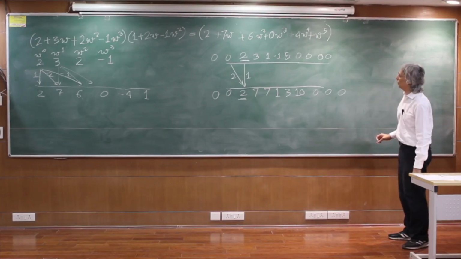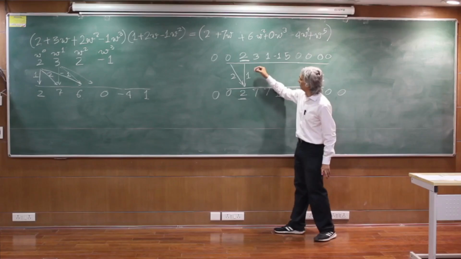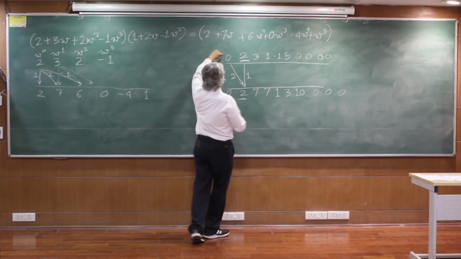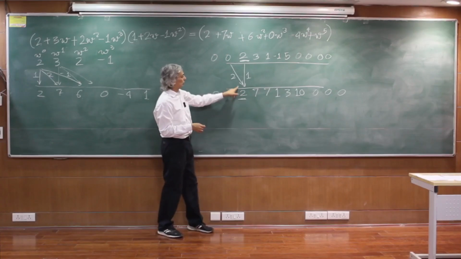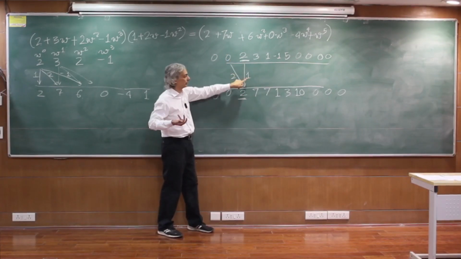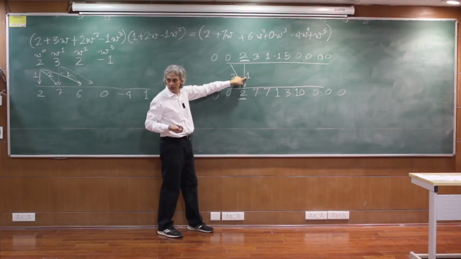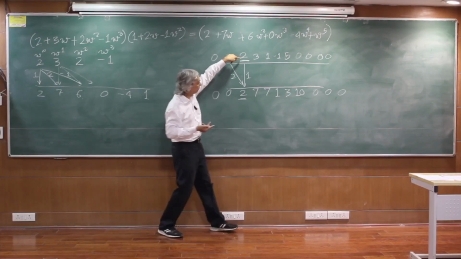So what did we do here? It's easy to see, we already knew this 0 here, correct? And so this 2 must be 0 times 2 plus the unknown times 1, and there's only one unknown there, and so that unknown must be 2, correct? Now we know the 2.